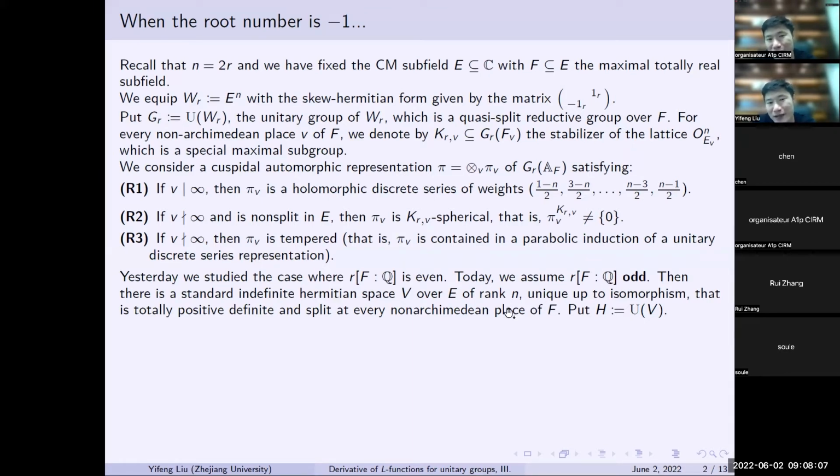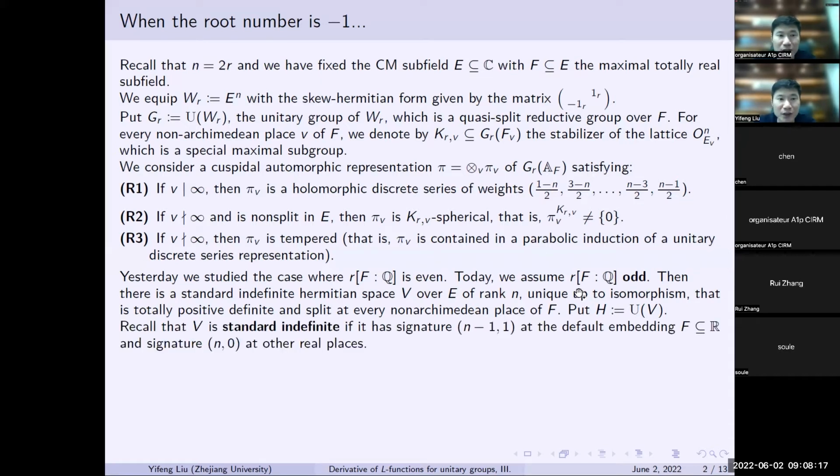So the total Hasse invariant will be 1. So such V exists. And we put H to be the unitary group of V, same as yesterday. Recall that V being standard indefinite means that it has signature (n-1,1) at the default embedding, and signature (n,0) at other real places.